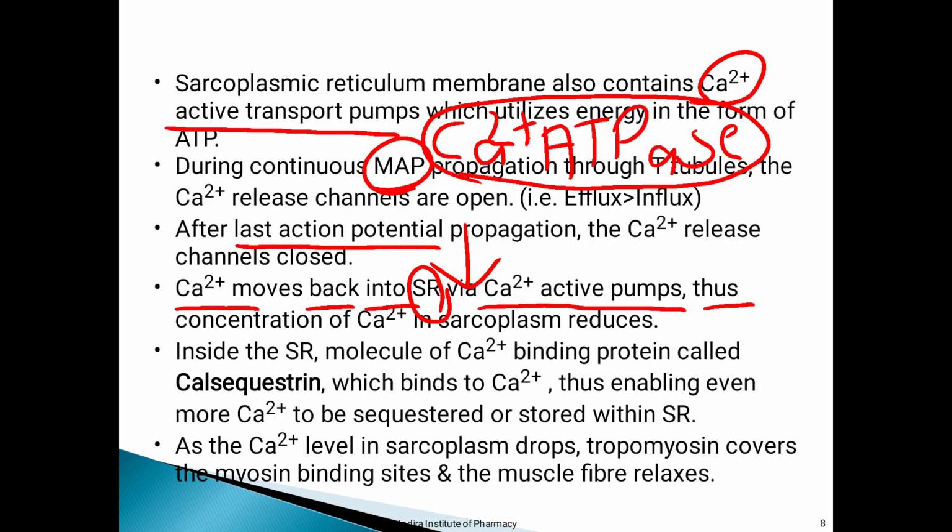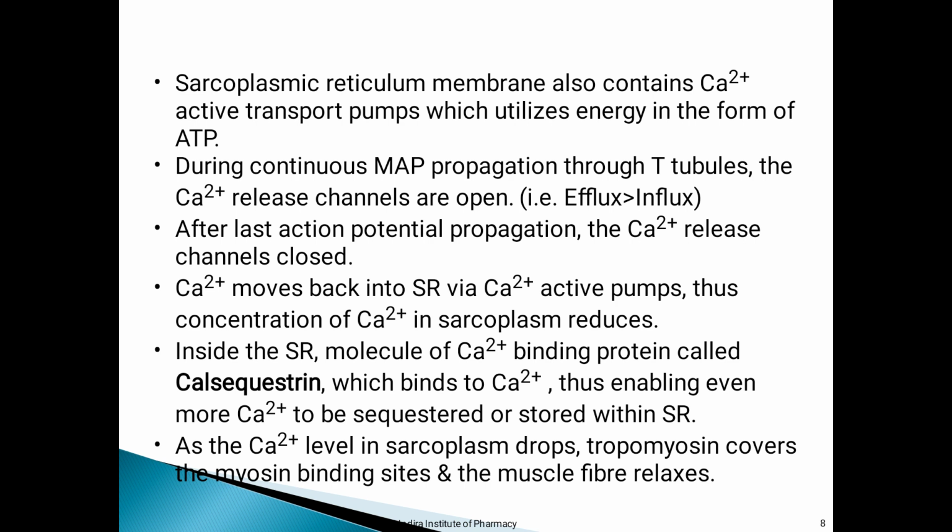Thus, the concentration of calcium in the sarcoplasm reduces. Why? Because we have this sarcoplasmic reticulum, and there are two channels. One is the calcium release channel, and another one is the calcium ATPase.